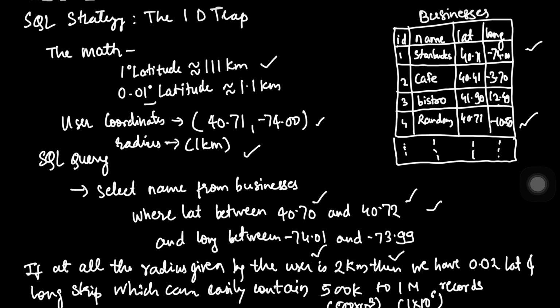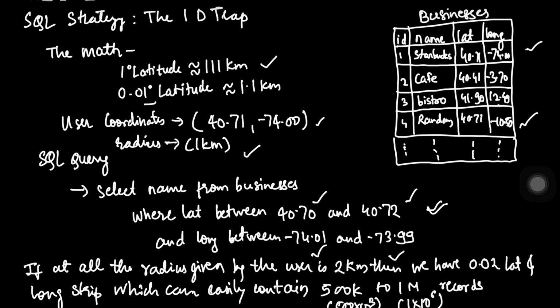On paper, this query looked clean and logical, but in production, this is where the wheels fall off. The under-the-hood reality of how this query works is that our database is just a one-dimensional thinker. First, it checks the latitude range, and then it uses the index to find every single row between 40.70 and 40.72.